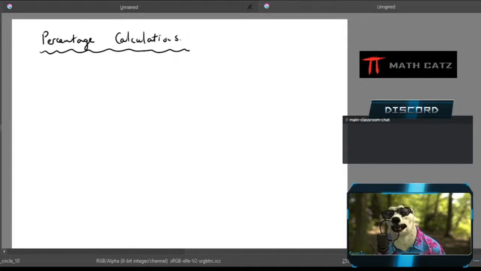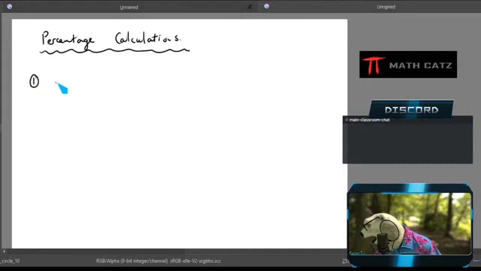Okay, so there are three kinds of calculations we need to go through. Some of them are similar, some of them are not. And these are the only ones that can really come up. Nothing else can really come up.